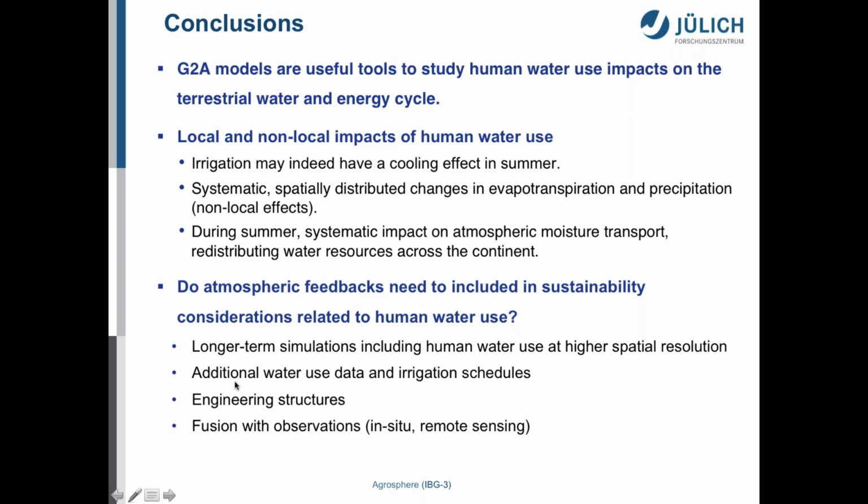We also have to include engineering structures in these models, and we need to fuse our models with observations. It doesn't matter which ones. I feel we should use all of them, in situ and remote sensing, because it's amazing that even the current state of the continental water system is largely unknown to us.